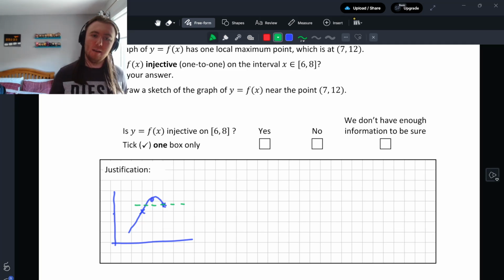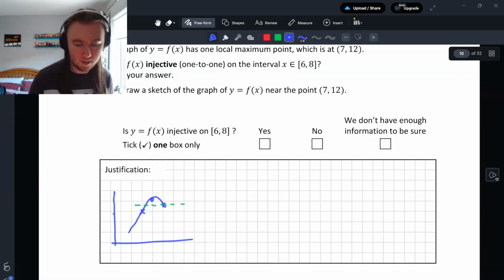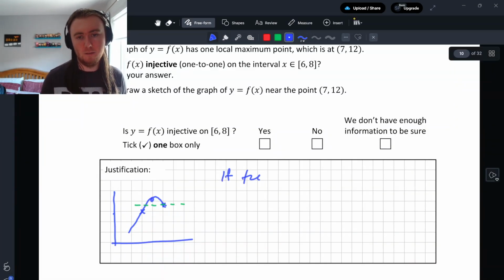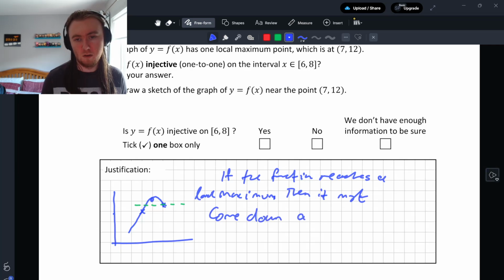So if it's on the interval from 6 to 8, then my thinking is that, okay, if the function reaches a local maximum, then it must come down afterwards.